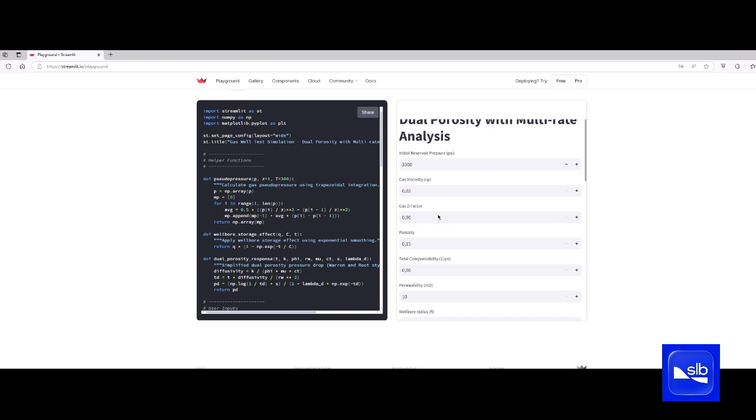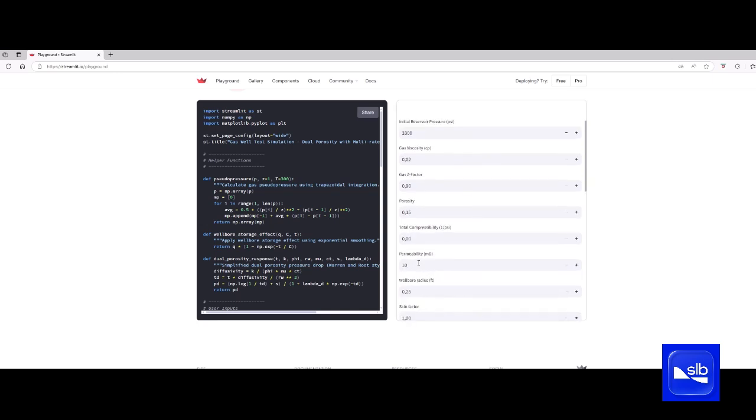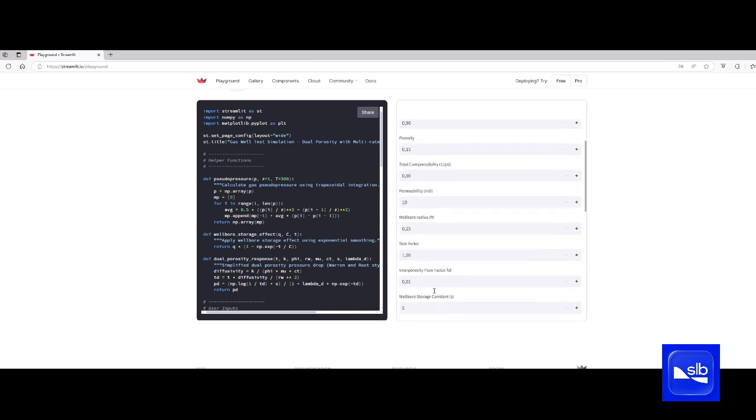We have, for example, also the porosity, that is a geological characteristic, and the total compressibility. The permeability is linked to porosity, and the well radius is an engineering characteristic of wells, and skin factors.